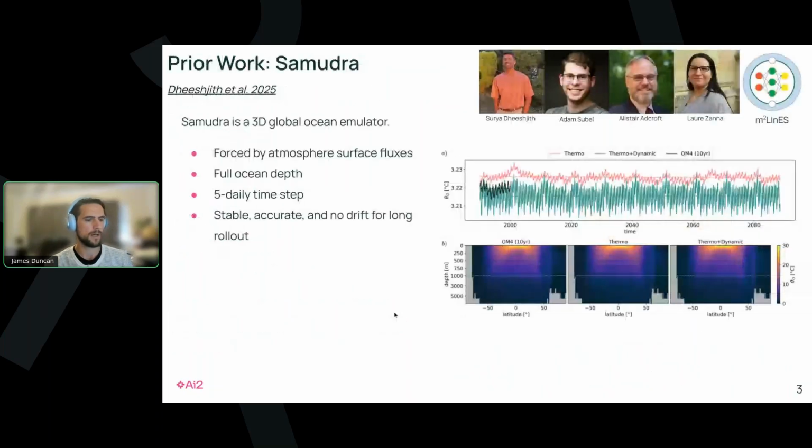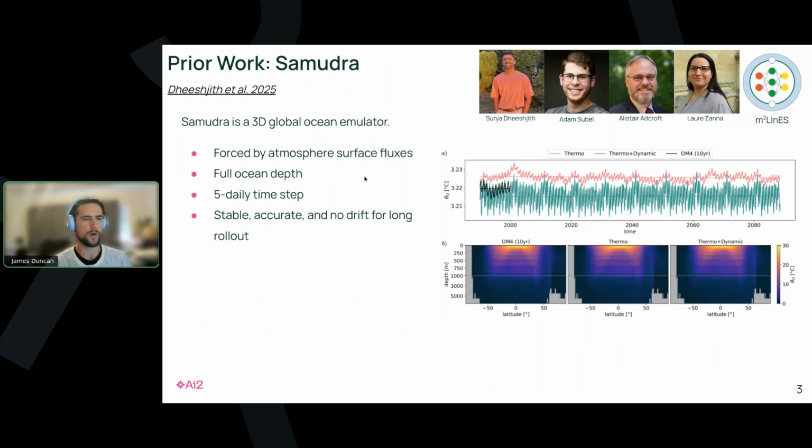So the group that worked on the ocean emulator called Samudra is from M² Lines, NYU, Princeton, Surya, Adam, Alistair, and Laura. They published this work in Geophysical Research Letters earlier this year, and they developed a 3D global ocean emulator, taking 5-day steps similar to what we're using.